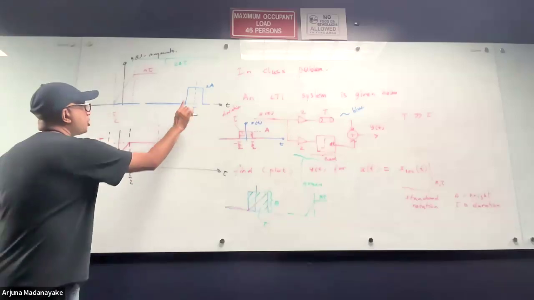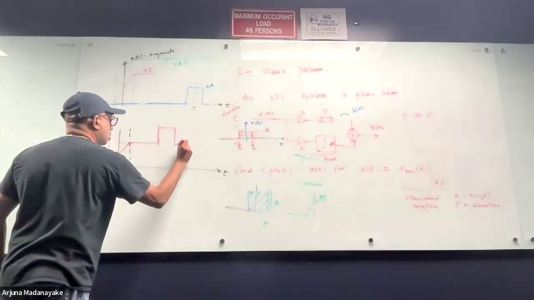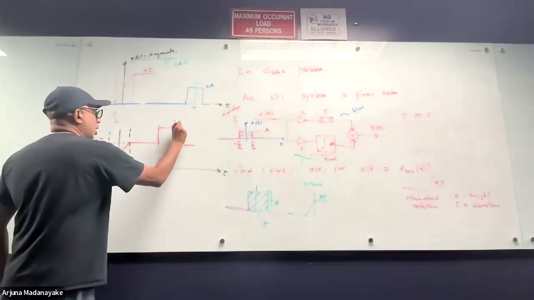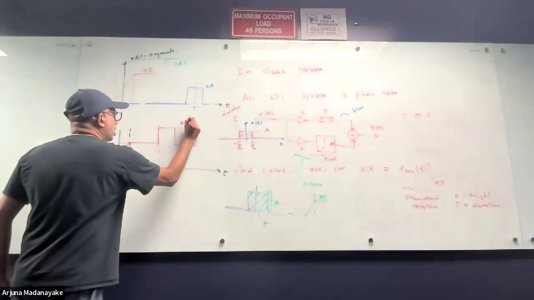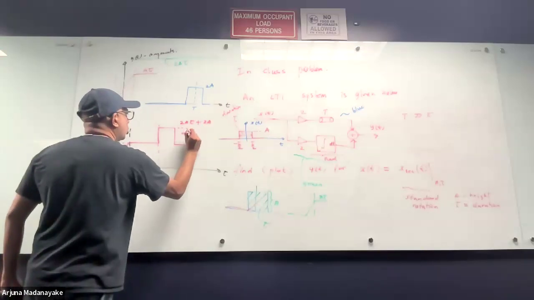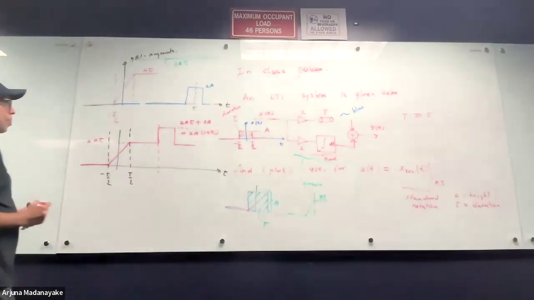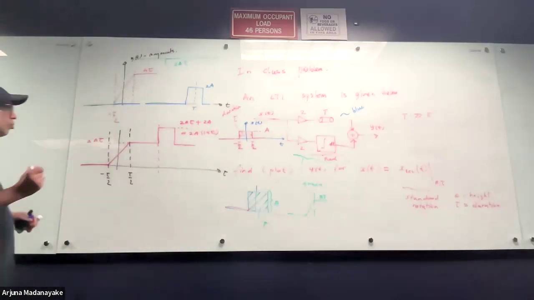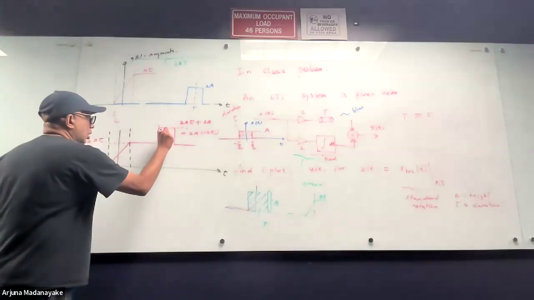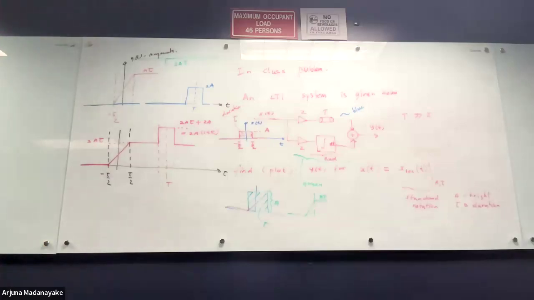And then it jumps by this much. So this height is 2A tau plus 2A, which is equal to 2A(1 + tau). And this is t. Looks right.